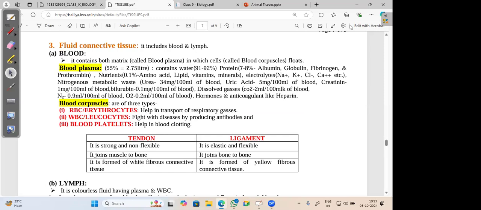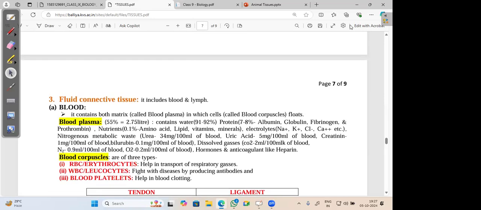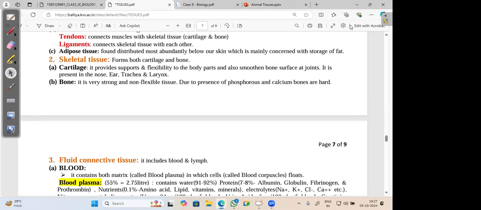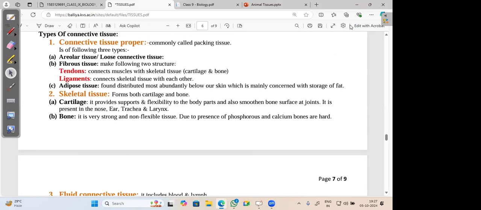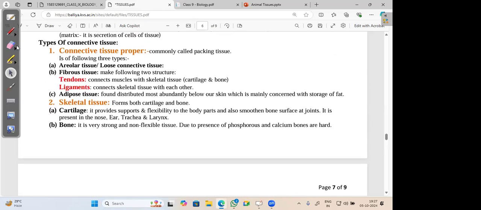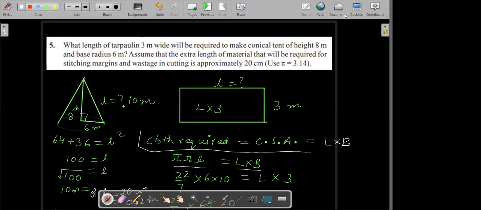So we'll first see how we are able to divide the connective tissue. We'll make a chart and then try to divide the connective tissue.